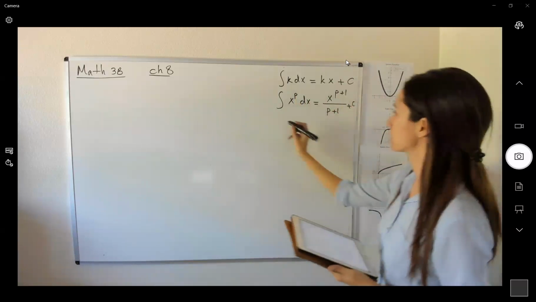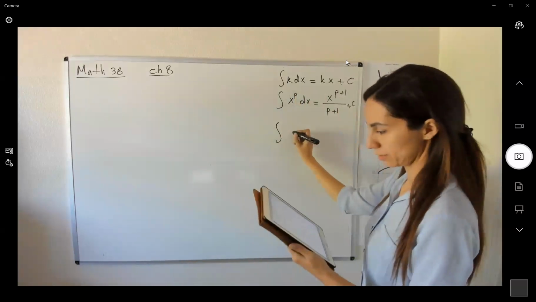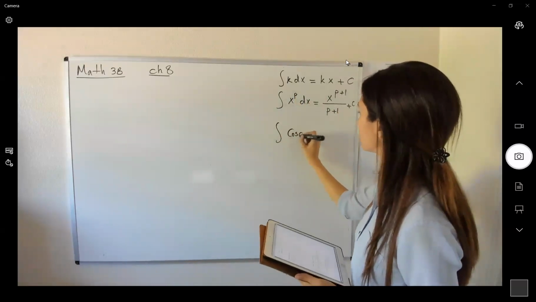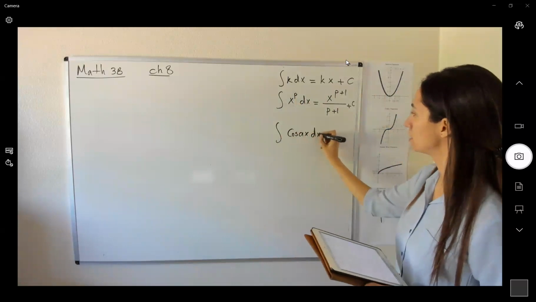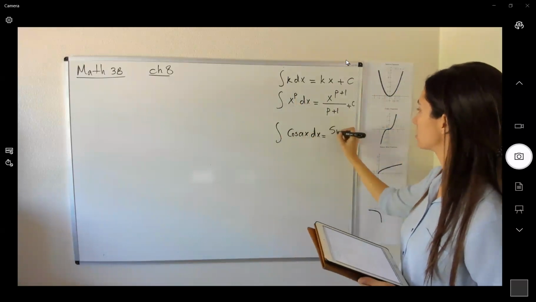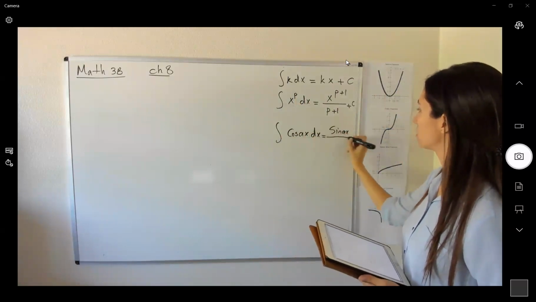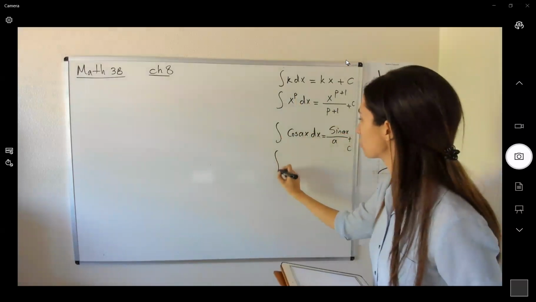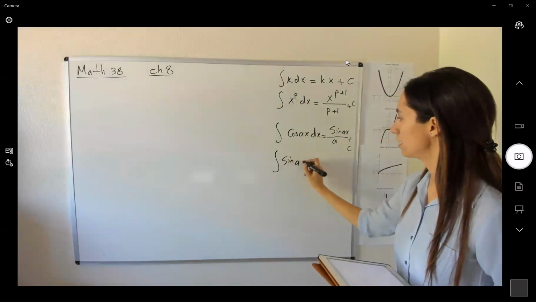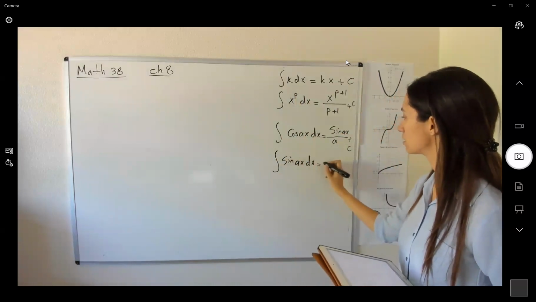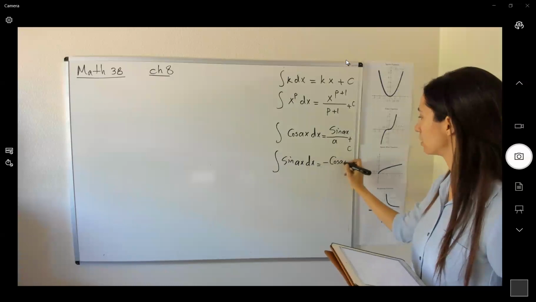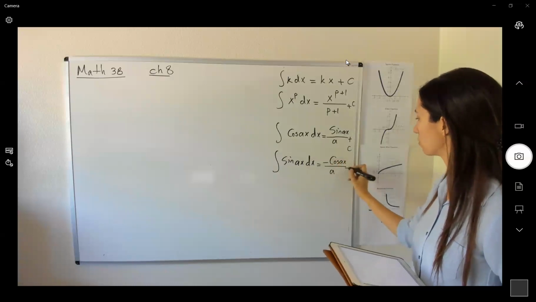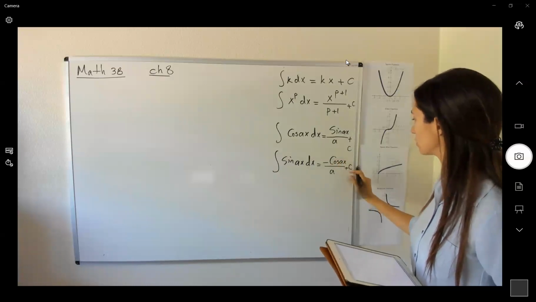If you have the integral of cosine ax dx, it is equal to sine ax divided by a plus c. If you have the integral of sine ax dx, this is negative cosine ax divided by a plus constant of integration.